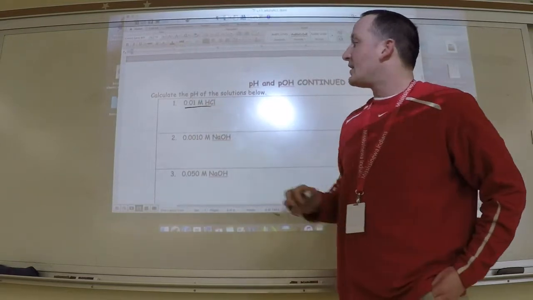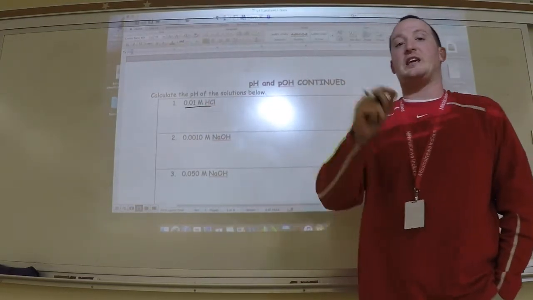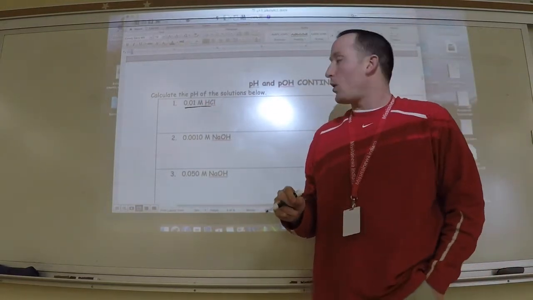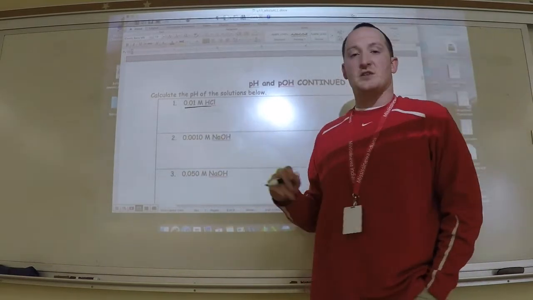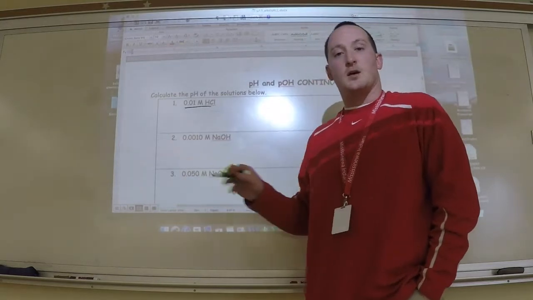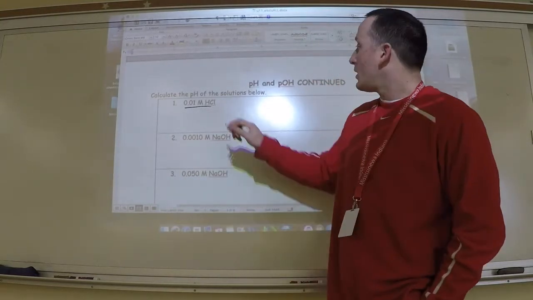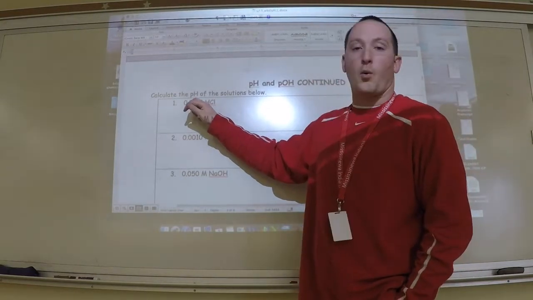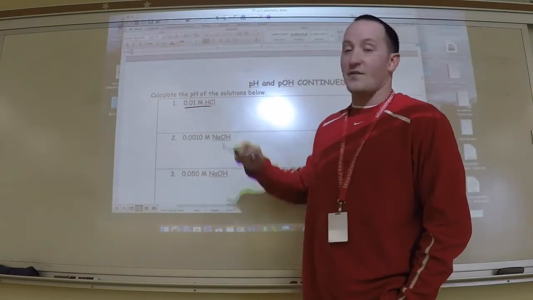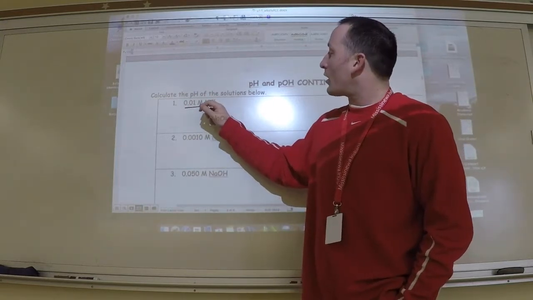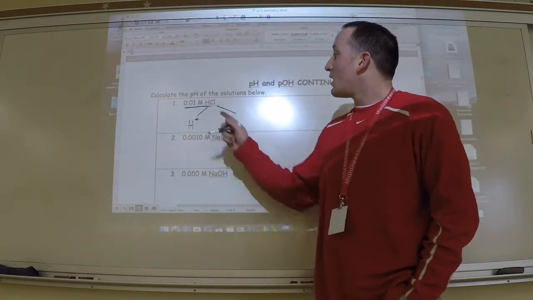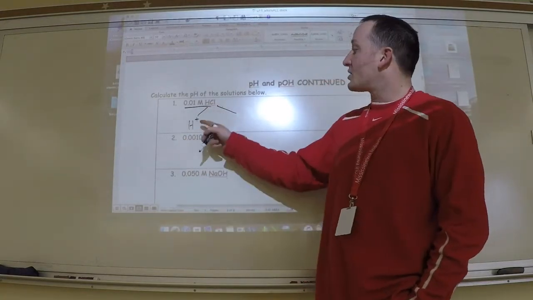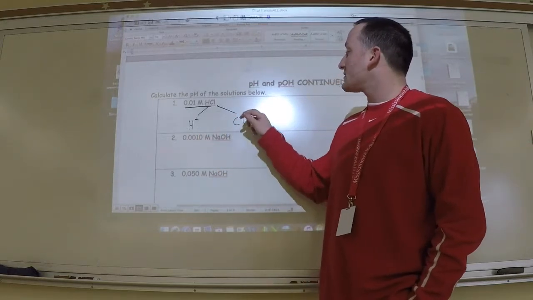it doesn't give you an H plus concentration, it gives you HCl. Well, here's all you do to estimate the H plus concentration. If I were to put this in water, remember we said that strong acids dissociate, or they come apart. So if I have a 0.01 molar solution of HCl, when I put this in water, these two things are going to break apart, and it's going to make H plus and Cl minus.